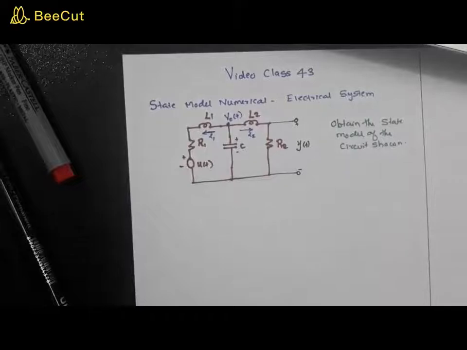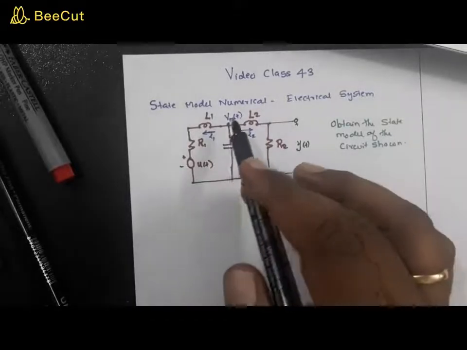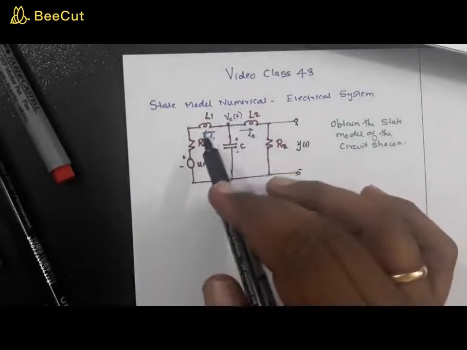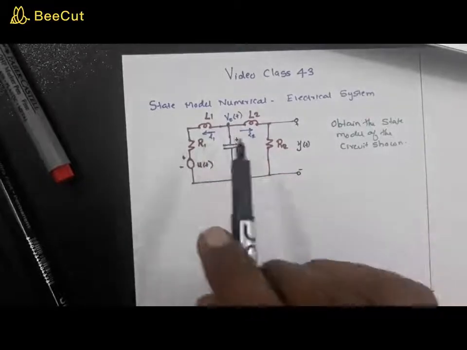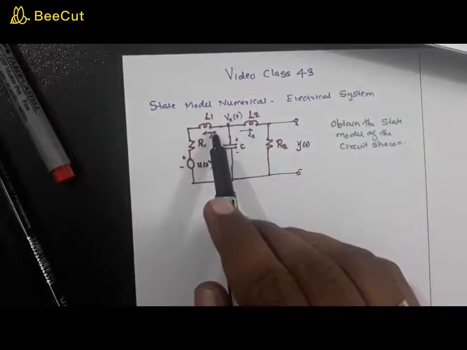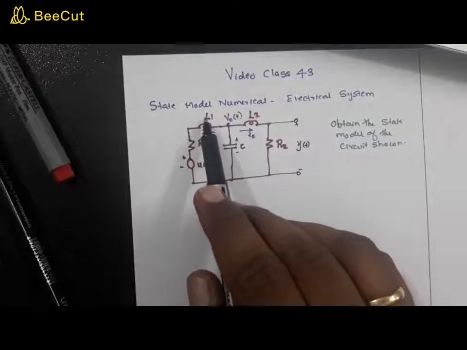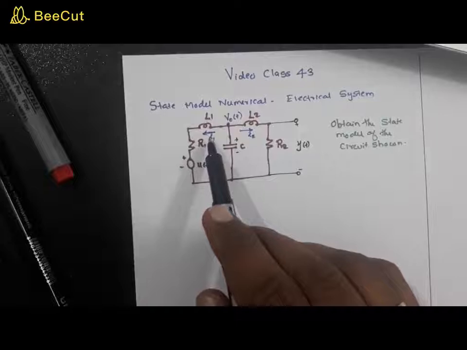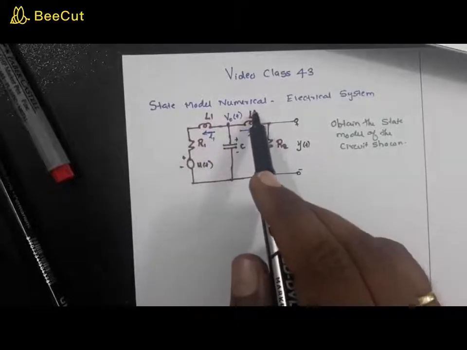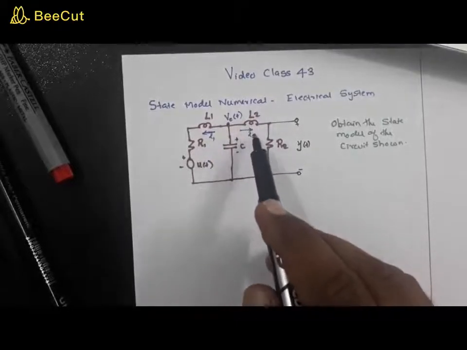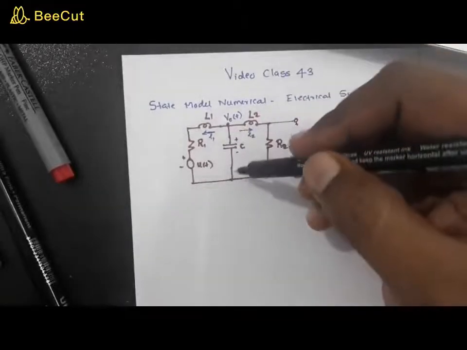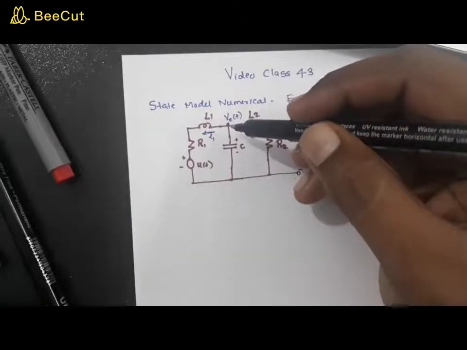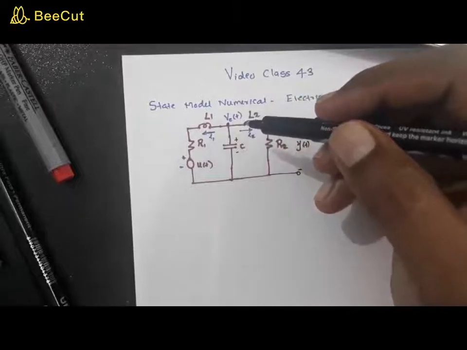In the figure, three variables are shown. One is the current through inductance L1, designated as I1, and that through L2 is designated as I2, while the voltage across the capacitor is taken as Vc of t.